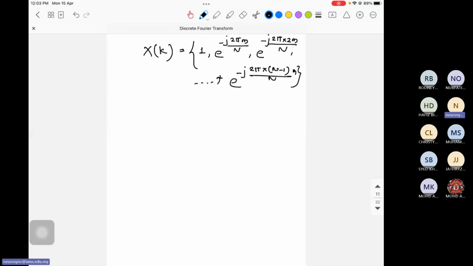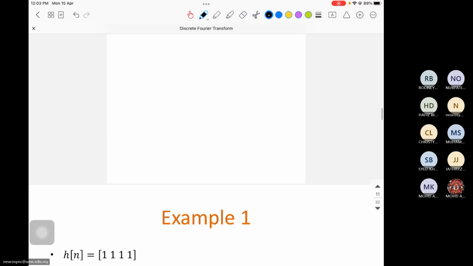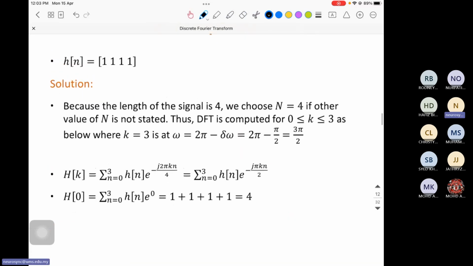So like this, you can also try another example. Before that, we'll take this example only. Now suppose I have this sequence h of n.